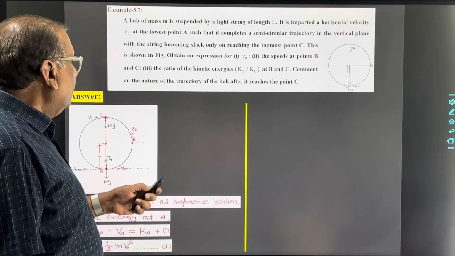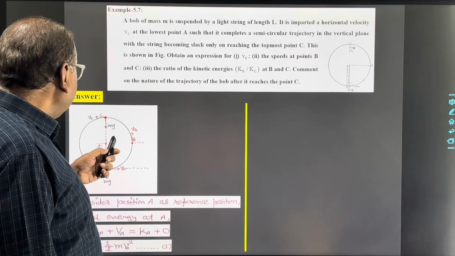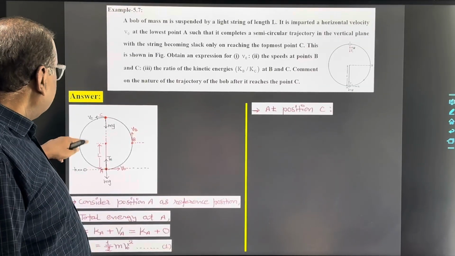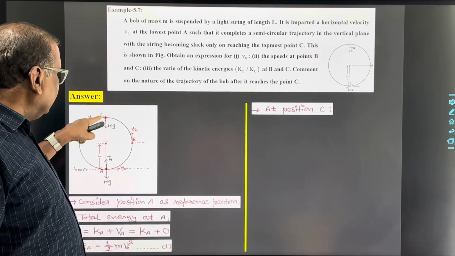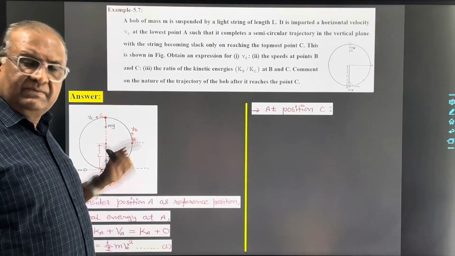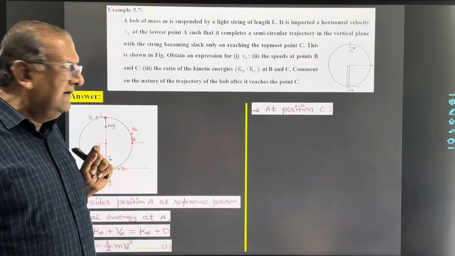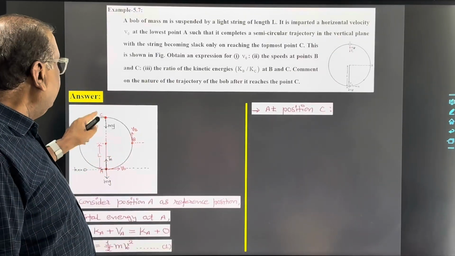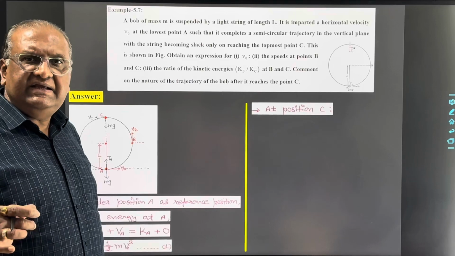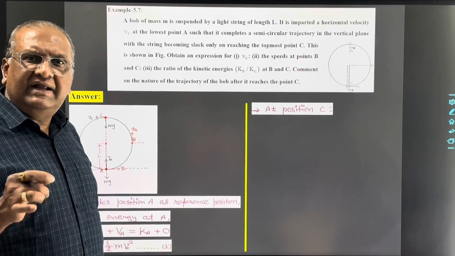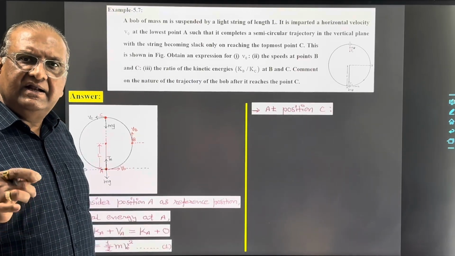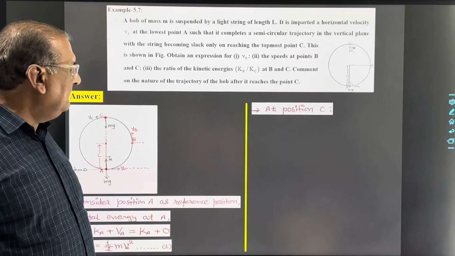Now consider position C. When the bob reaches C, suppose its velocity is Vc. Again at C the total energy is kinetic energy plus potential energy.